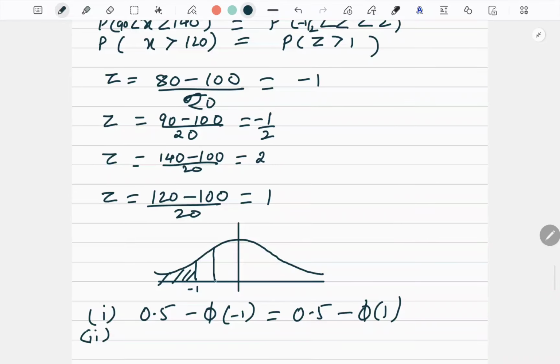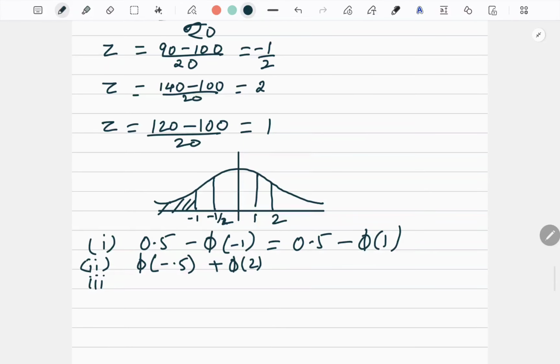Suppose this is minus 1 by 2 and this is 2. So it will be phi of 0.5 plus phi of 2. Then the third case is greater than 120. 120 means 1. So if this is 1, the third case will be the probability greater than 1, meaning this portion. So 0.5 minus phi of 1. That will give you the answer.